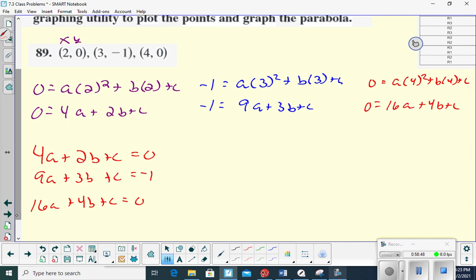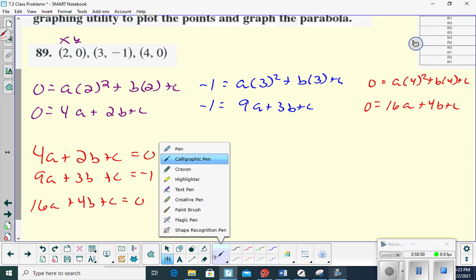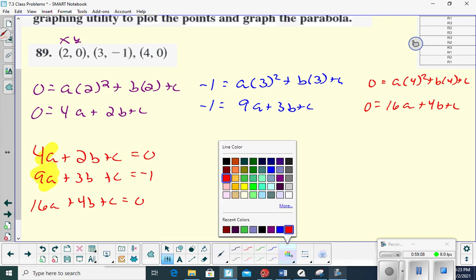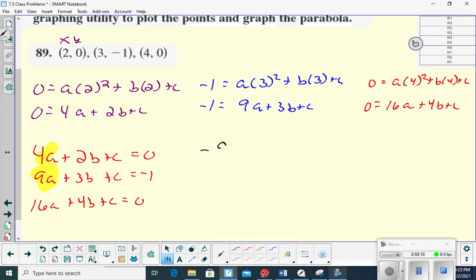Okie dokie. So if I want to do this one, I want to eliminate my a first. To eliminate this a, I'm probably going to have to multiply row 1 by negative 9 and row 2 by a positive 4, or vice versa. Okay, let's do it that way. So I am going to do negative 9 times row 1.